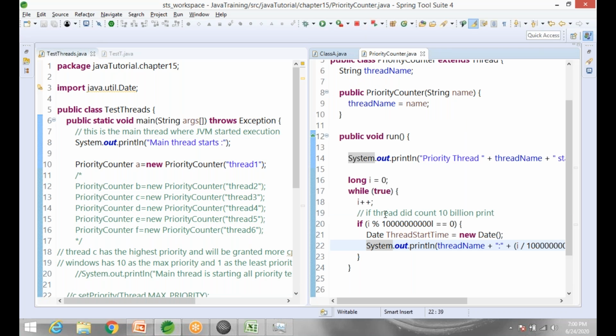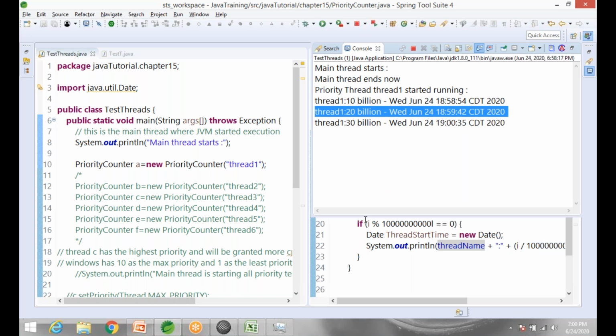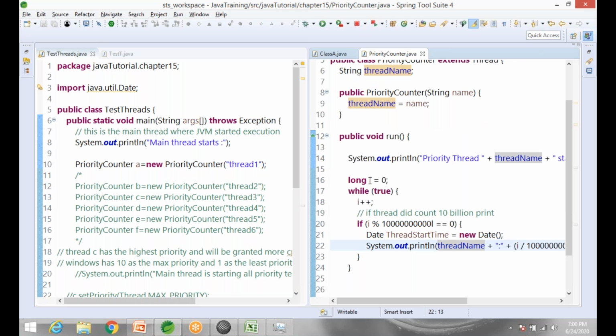Right, so that's what this program does. All it does is increment the variable I, and this modulus is nothing but remainder. If you divide the I variable by 10 billion and you get 0 as the remainder, it means you are done with counting up to 10 billion.